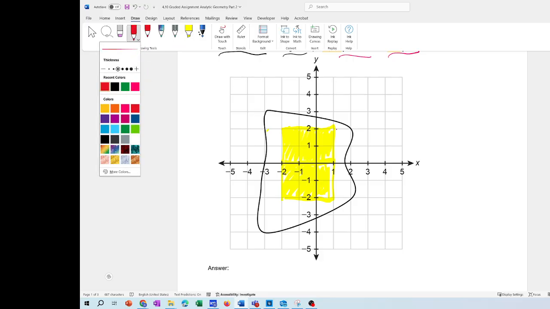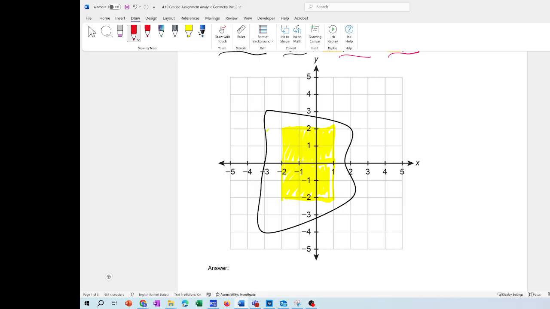So let's take a look at this rectangle. The formula for the area of a rectangle is the base, which we have 1, 2, 3 units, times the height, so 1, 2, 3, 4 units. So the area is the base times the height.